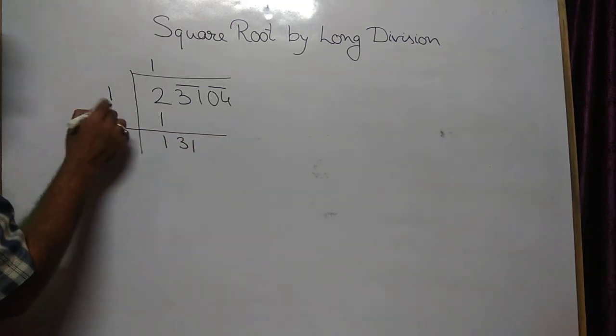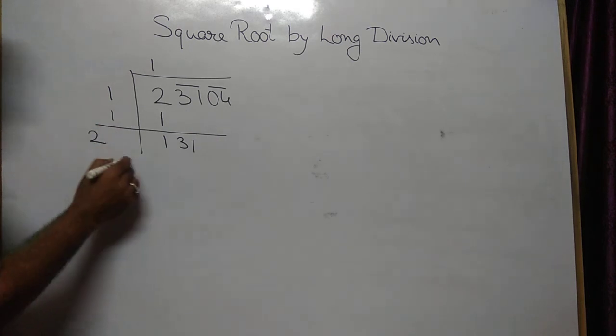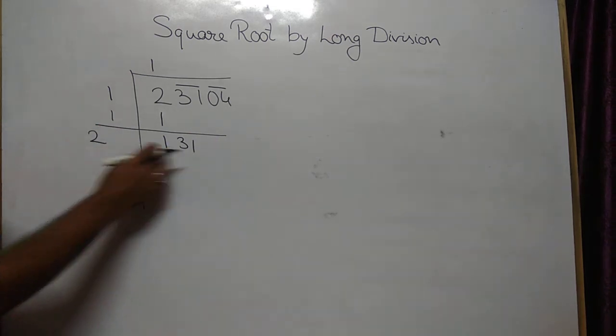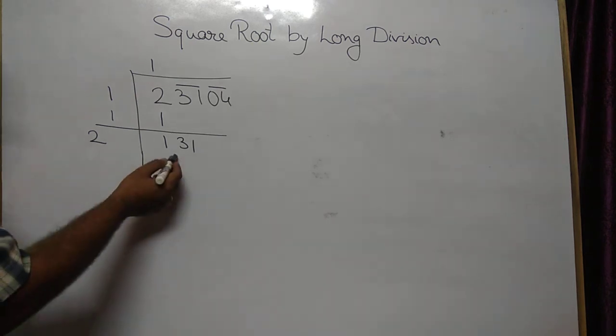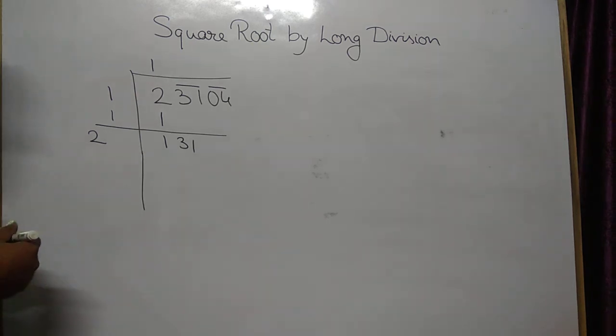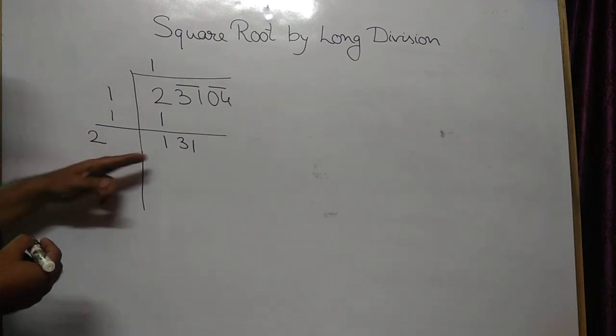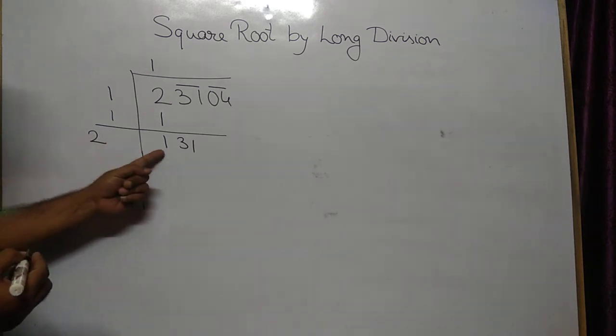Now 131. We double this number: 1 plus 1 is 2. Next we find the perfect square number which is less than or equal to this 131.